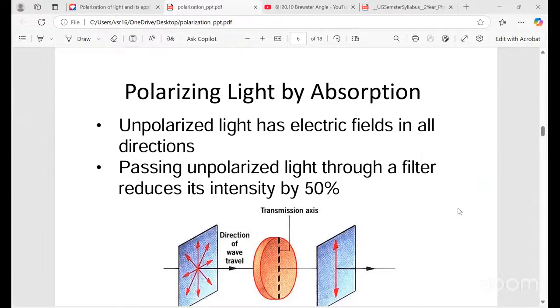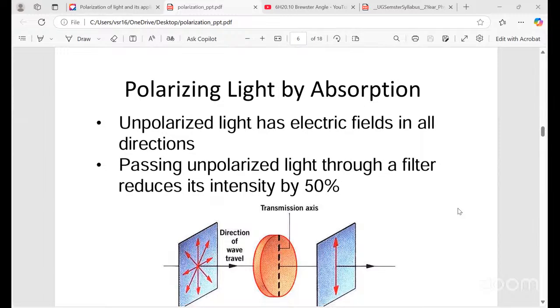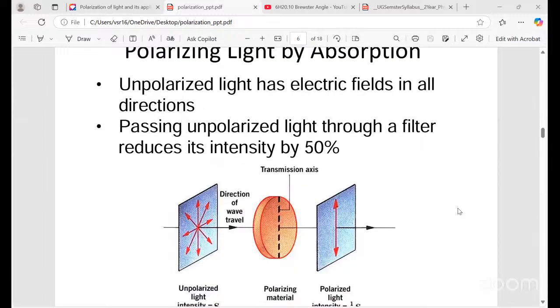Next is the polarization of light by absorption. An unpolarized light has electric fields in all directions. But when passing the unpolarized light through a filter, it reduces the intensity of the light by 50%.